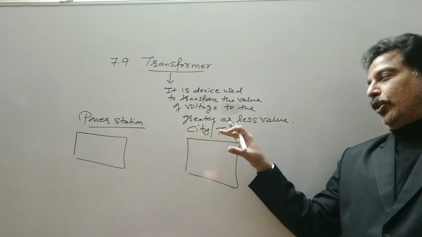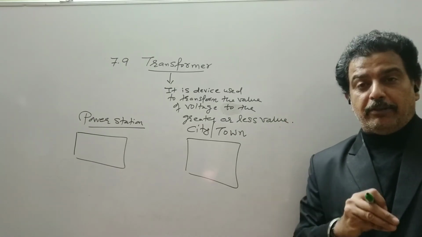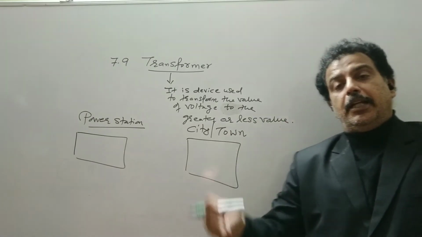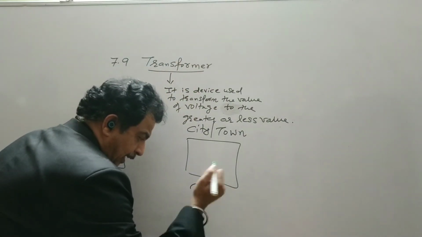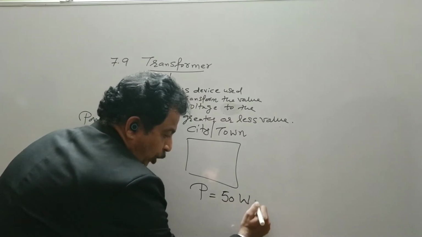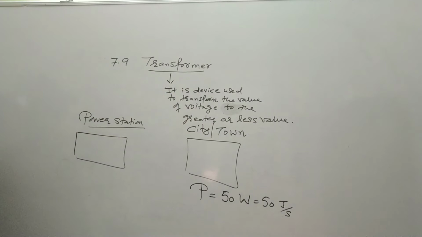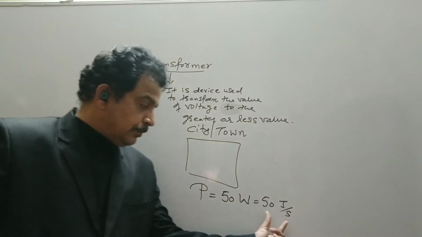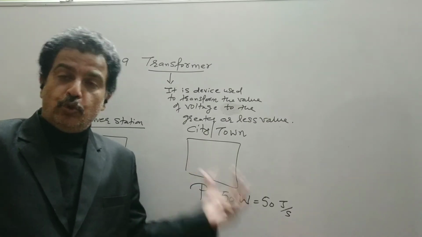Now this city or town has a requirement of specific power which is in megawatt, but let us consider an example that this city requires 50 watt of power. It means 50 joule per second. So every second this town or city consumes 50 joule.